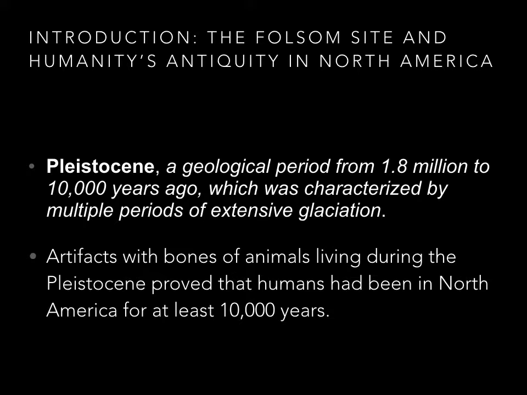Ice tends to form in the northern latitudes and then grow and extend and push down into continental United States, parts of Europe and whatnot. The ice sheets and the glaciers hold so much water that sea levels end up dropping during the Pleistocene.